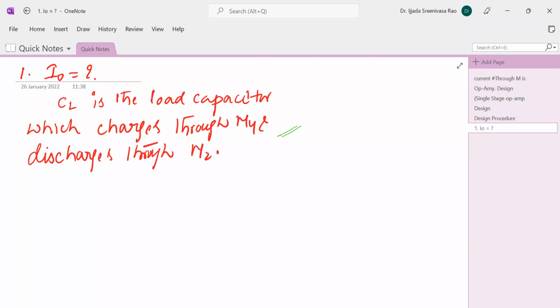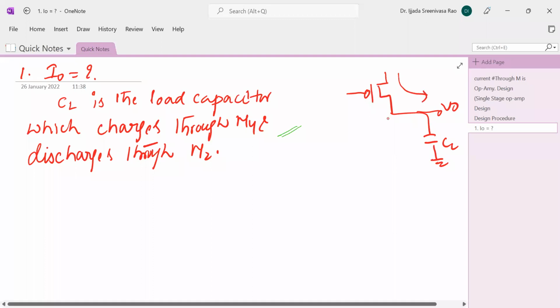That's it. Got it? So in the same circuit, this is the M4 transistor, and it will be charging through this transistor like this. This is the capacitor CL, and this is the node voltage V0. This is the charging direction, and the discharging direction is through M2. Yes, discharging is in this direction. Got it?